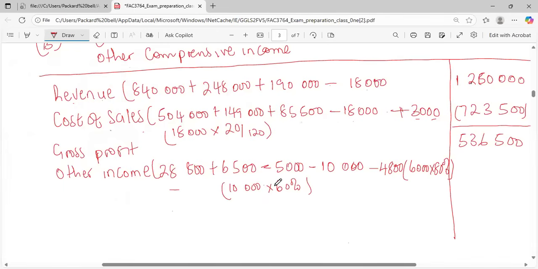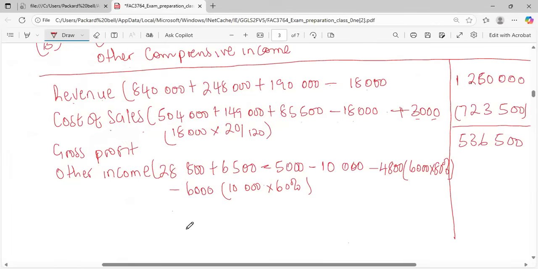So I'm also going to minus 6,000. Right, so these are the other incomes.